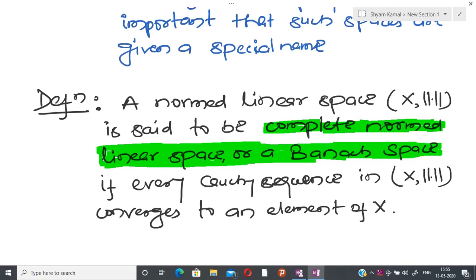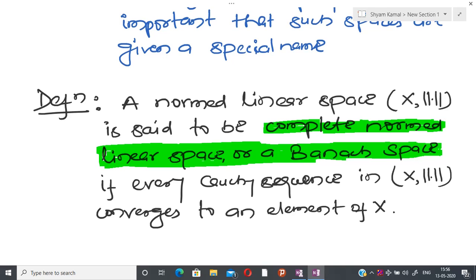So a normed linear space is said to be a complete normed linear space or Banach space if every Cauchy sequence in that space converges to an element of X. It means we are able to get the fixed point, and due to that reason Banach spaces are very important.